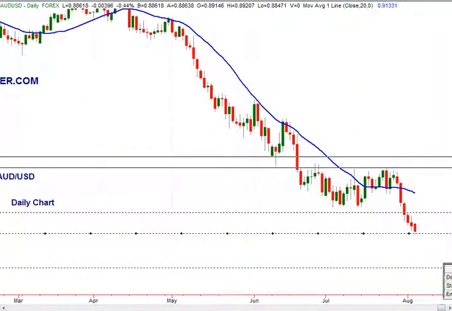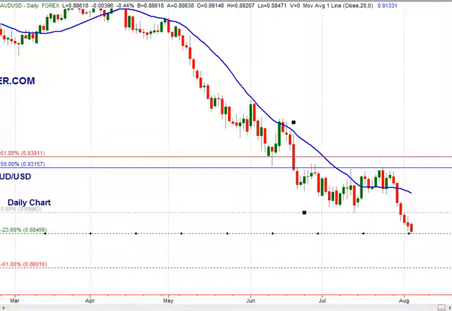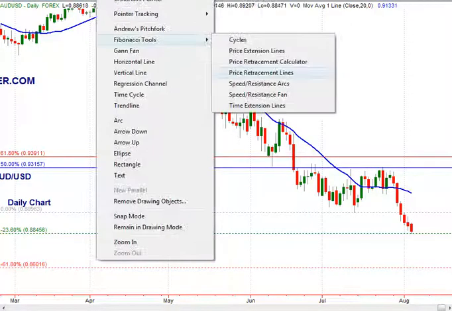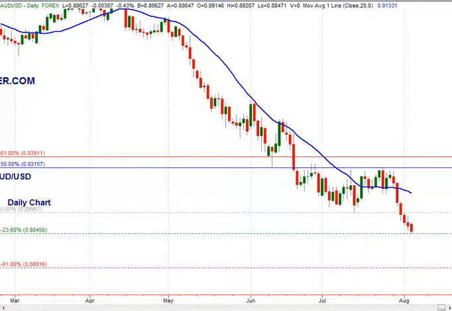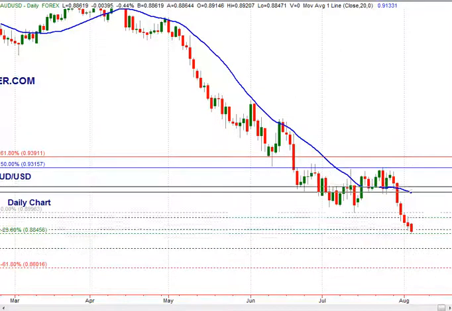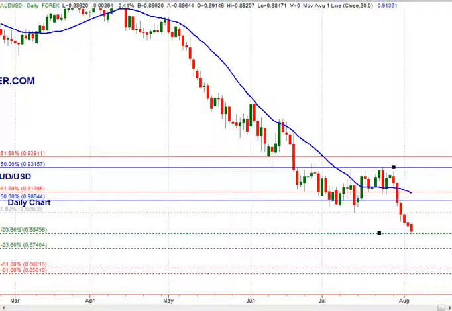One would be a continuation lower into the 0.8605 level. The other one would be a retracement all the way to the 0.9080 level here, and if that happens, this would be a very good opportunity to sell into the 0.8550 and even 0.85.